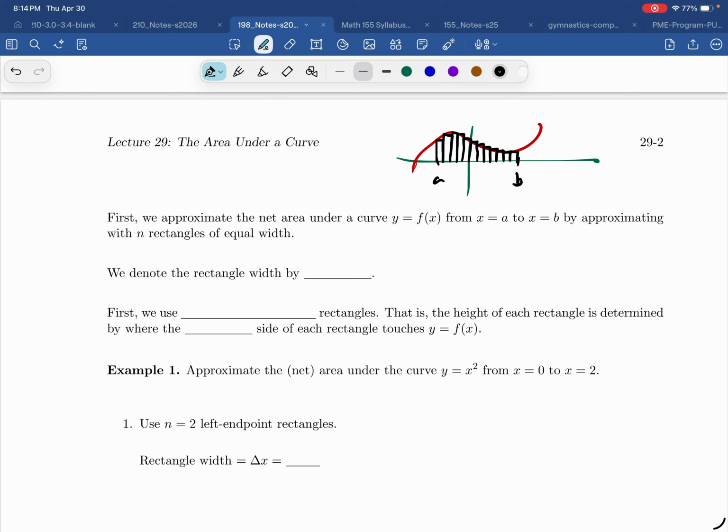And let's just assume, my drawing notwithstanding, that these are all rectangles with equal width. And so if they all have equal width, then we denote the width of a rectangle by delta x, which is b minus a over n, where, again, we're on A to B, and n is the number of rectangles.